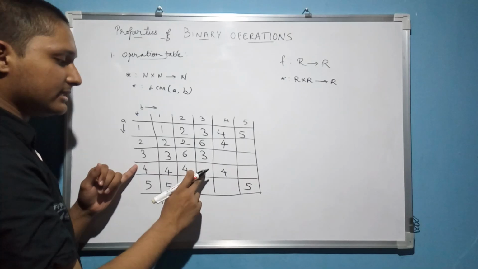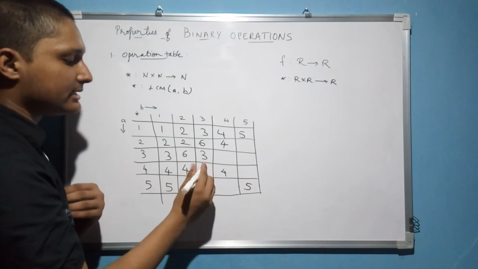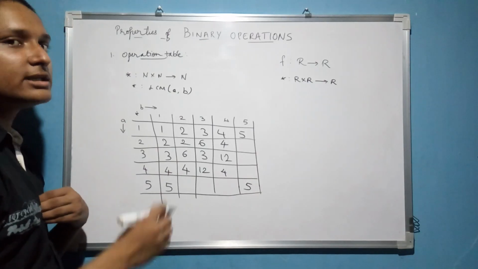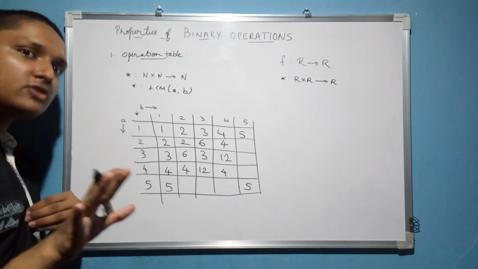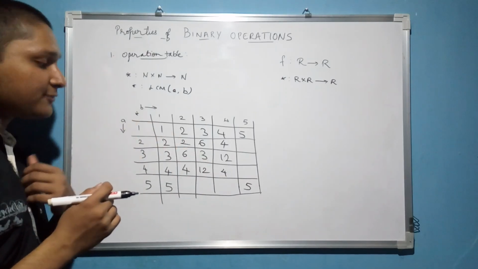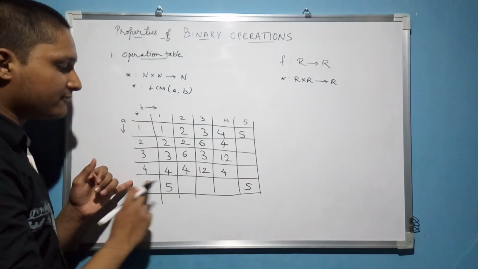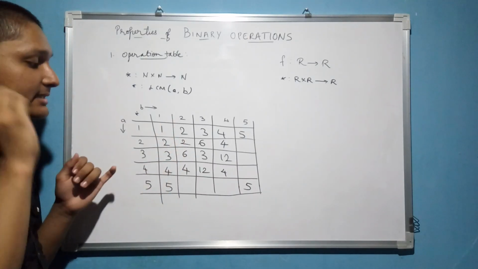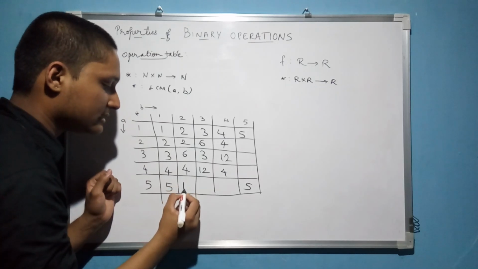LCM of 4 and 3 is 12, so this is also 12, because their highest common factor is 1. That's why their LCM is 4 into 3 itself, 12. Now here, 5 and 2 are both prime numbers, right? So their LCM will be their product itself.